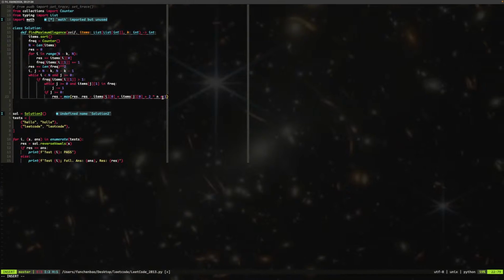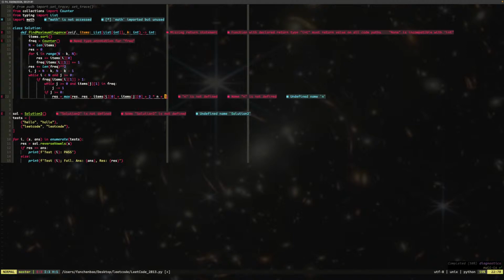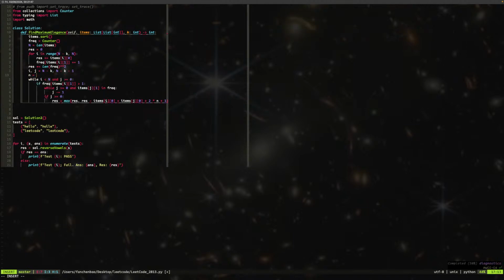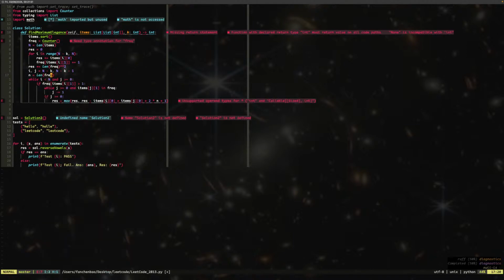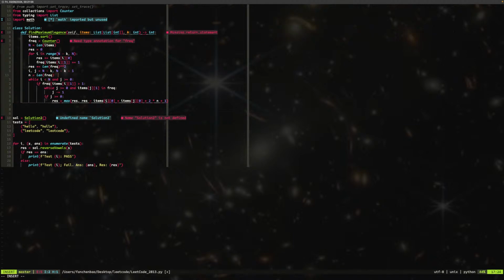We plus 2 times, ooh, n. What the hell is n? There's no such thing as n, right? So we shall define n as len frequency. This is the original number of unique categories.